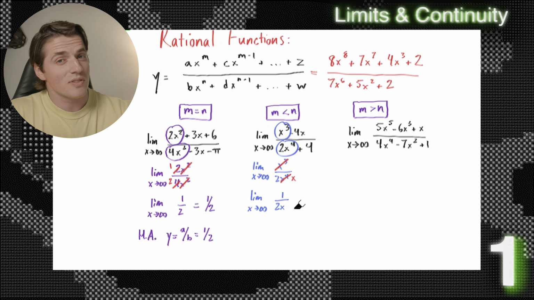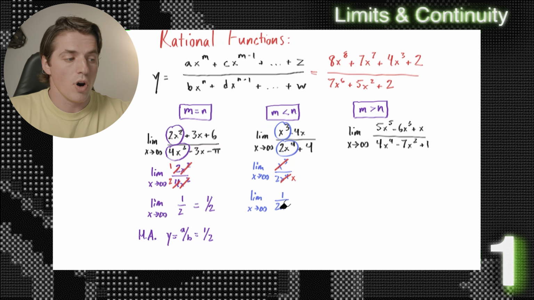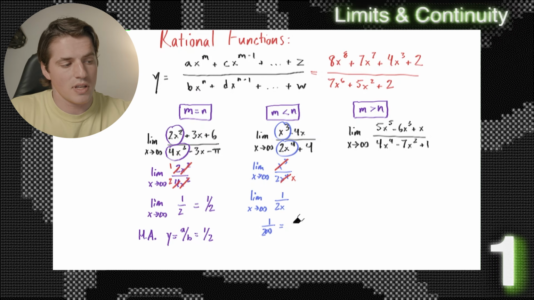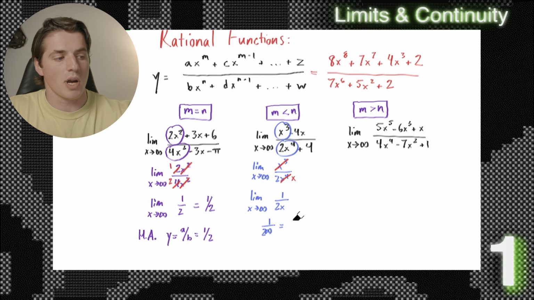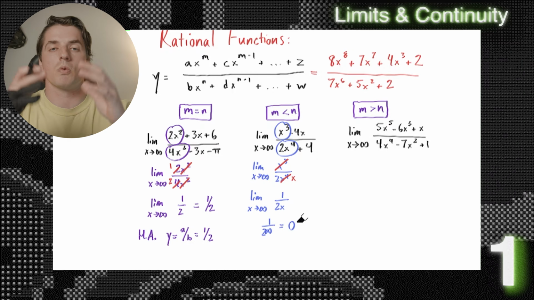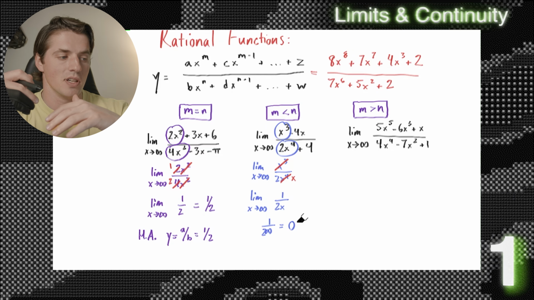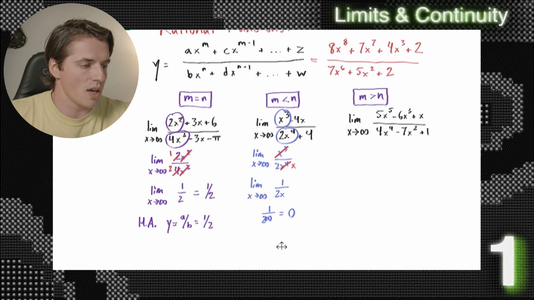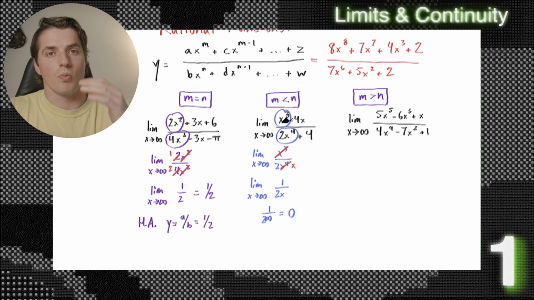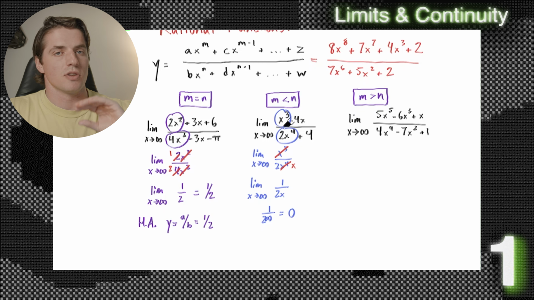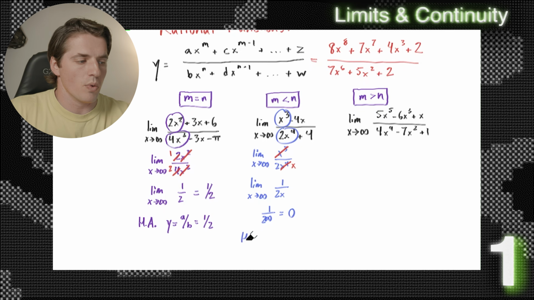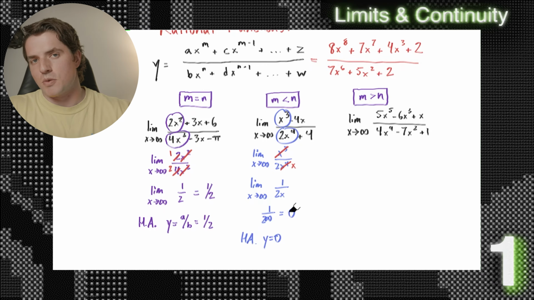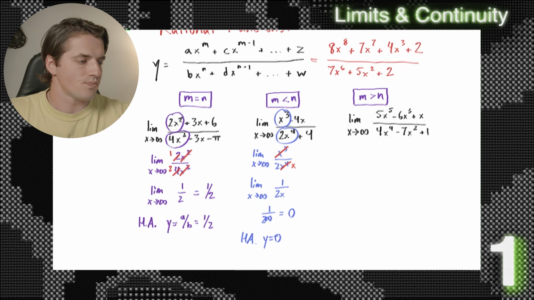Now we can solve this via direct substitution because we have 1 over 2 times infinity, which we've already learned is equal to 0. When we're dividing a number by infinity, our limit is equal to 0. And once again, to reference pre-cal, the horizontal asymptote when m is less than n, when the degree of the denominator is larger, we learned was y equals 0. And that's what we found. That's what our infinite limit was.